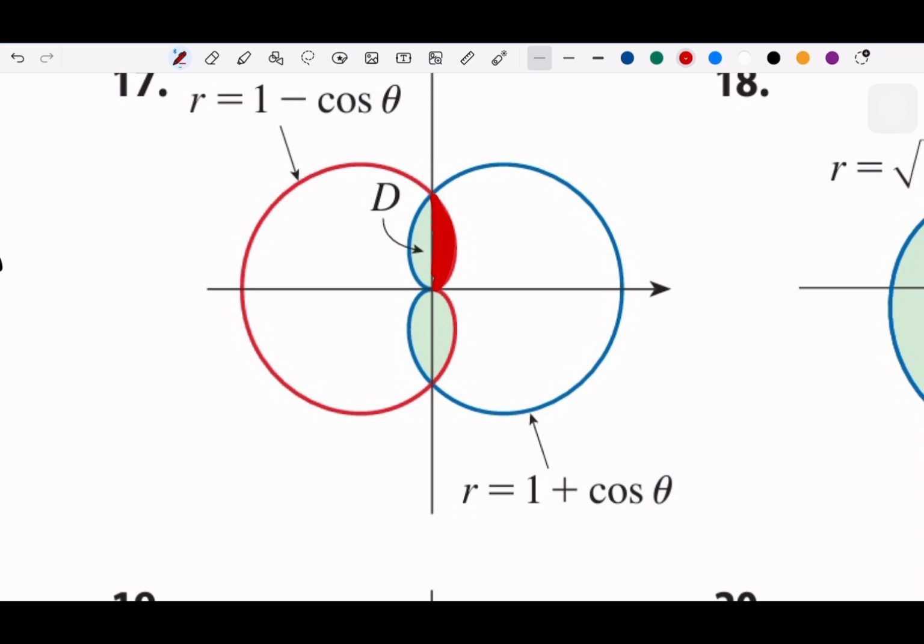Of course, if we would like to confirm, you can check some other values. For example, cosine pi, which will be over here, is negative 1, so 1 plus 1 is 2. So this is supposed to be twice as much as this. You can also try the cosine of 3 over 2 pi. Anyway, so this is from 0 to pi over 2.